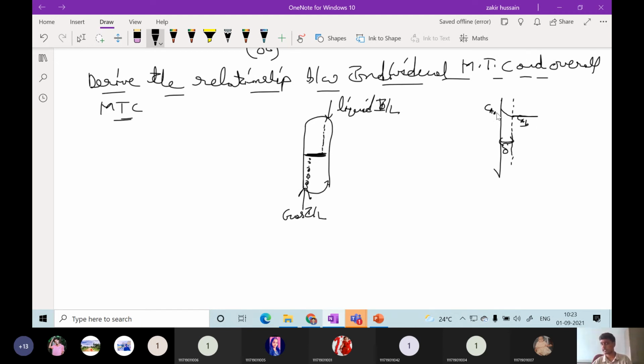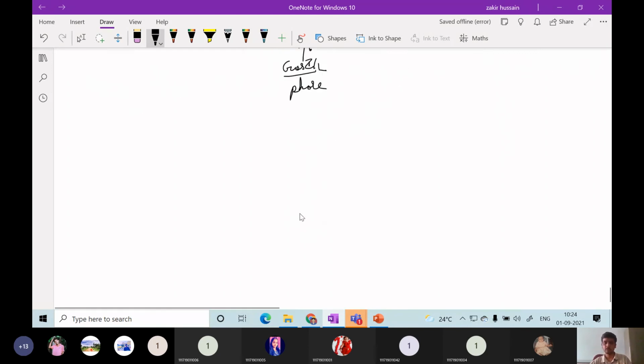This film theory says there are two films, because there are two phases, one liquid and one gas. This is the liquid phase, this is the gas phase. According to film theory, every mass transfer takes place inside the film only. But here liquid and gas are both there, so how do we define that?